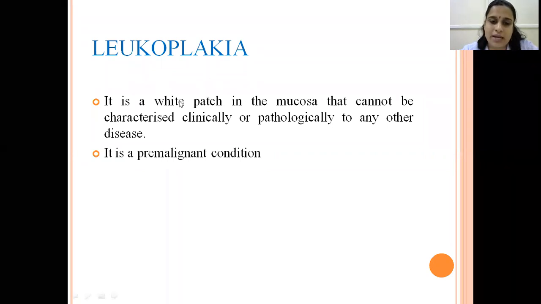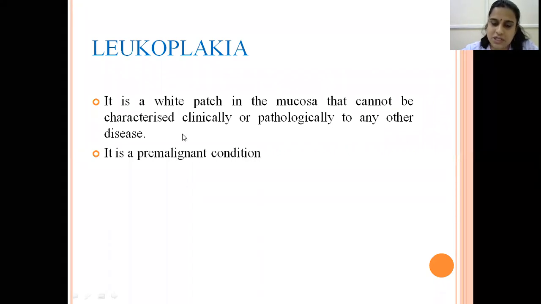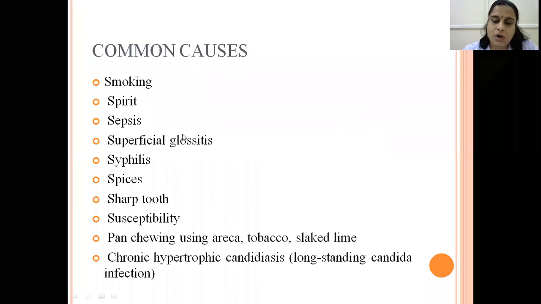Other conditions that resemble leukoplakia but have a different cause are not categorized under leukoplakia. It is potentially a premalignant condition. So what are the common causes that lead to leukoplakia?